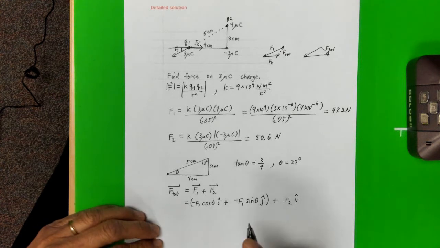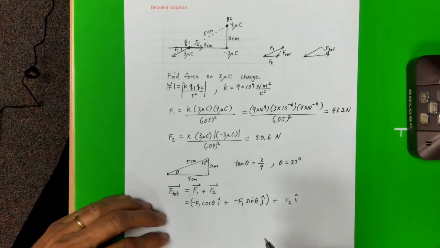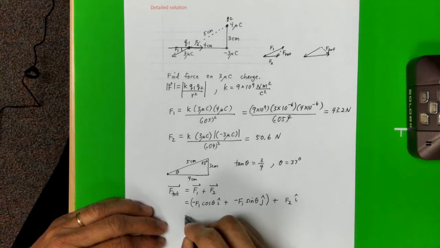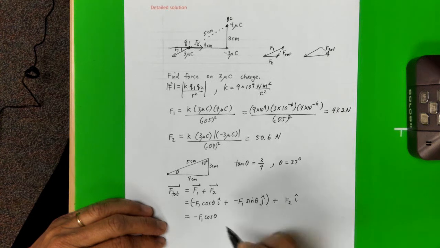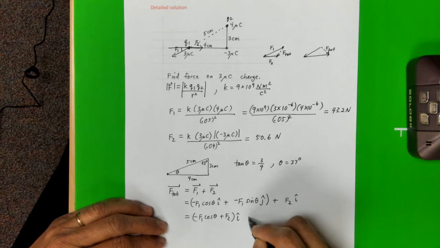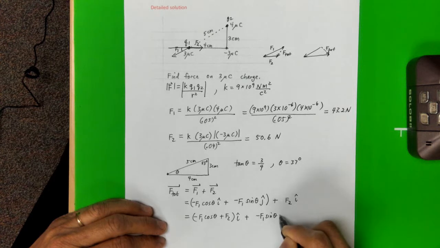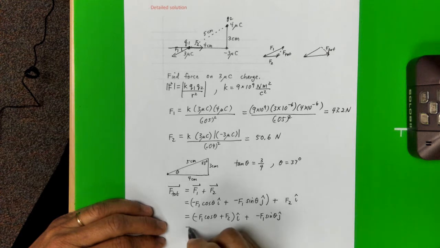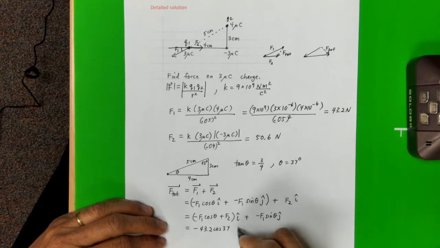So at this stage, what you have to do is just group together all the i hats and all the j hats. So put all the i hats together. And then put all the j hats together. If you want me to put in the numbers, I will do that. So it's 43.2 cosine 37 plus 50.6.